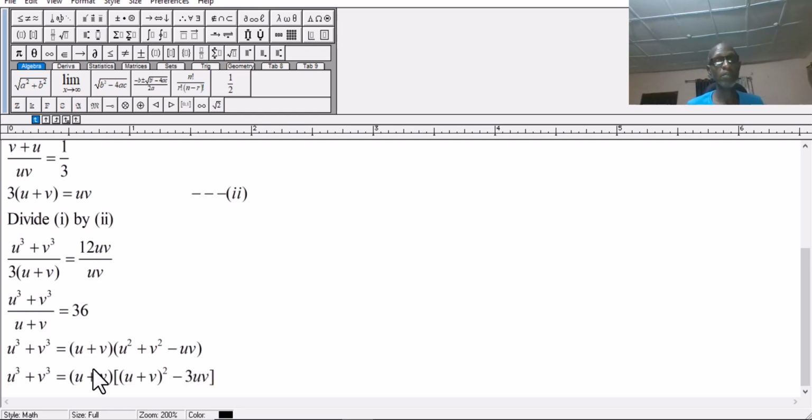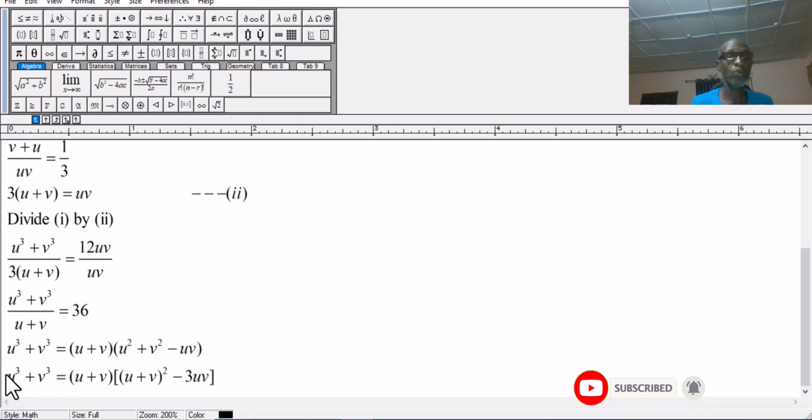These identities are important, and I expect you to put them in your brain. Anytime you come across problems like this, you know where to apply them. Something you can just memorize. I don't have time to start deriving how we got this, but you can derive it actually.